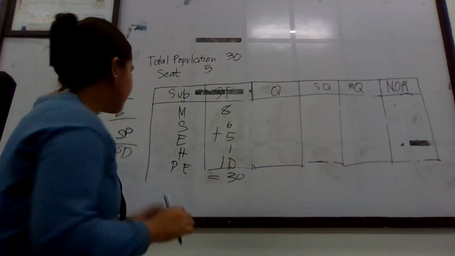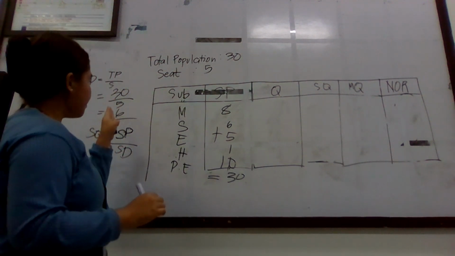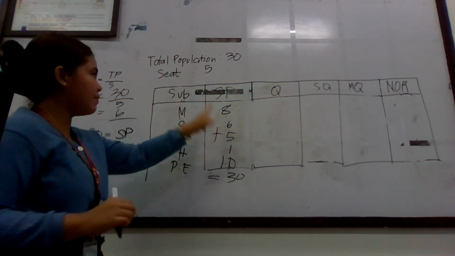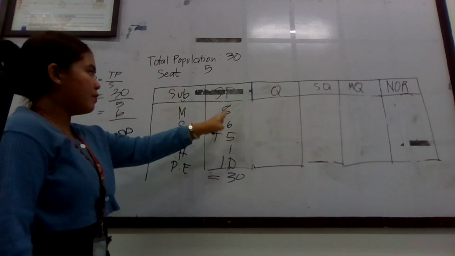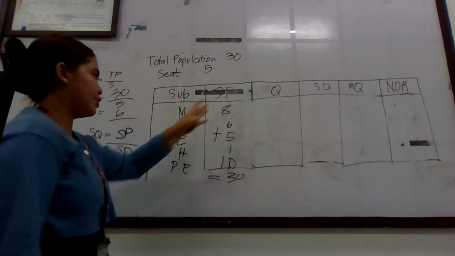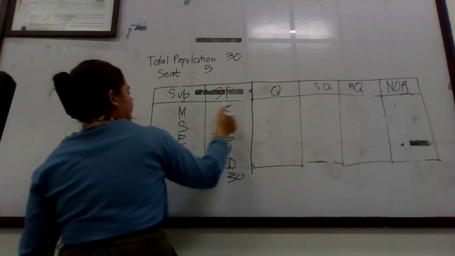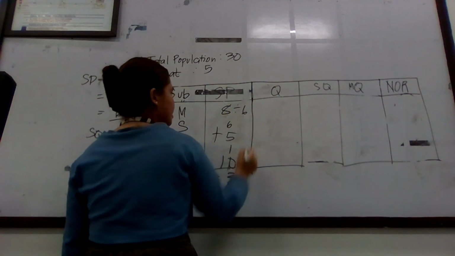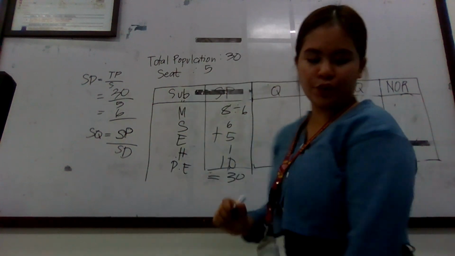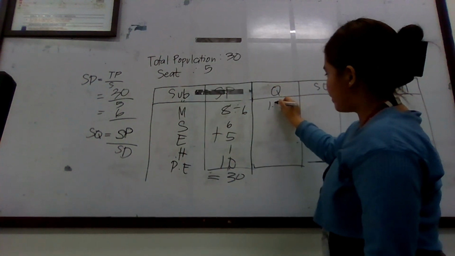So after that, let us divide our standard divisor to the respective number of state population. So we have 8 divided by 6 will give us a quotient of 1.3.